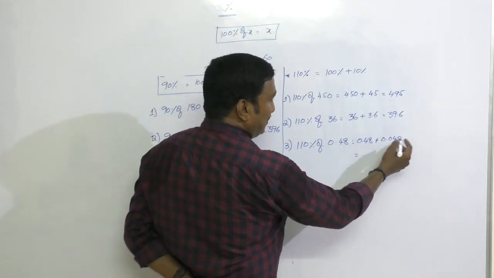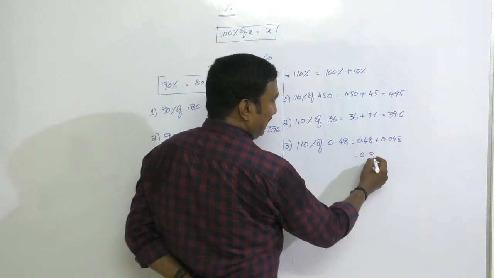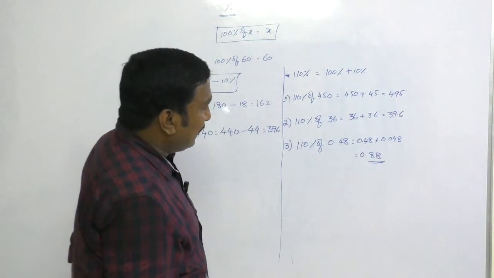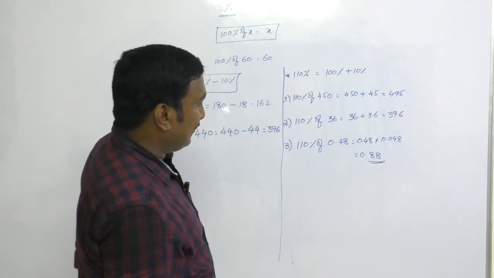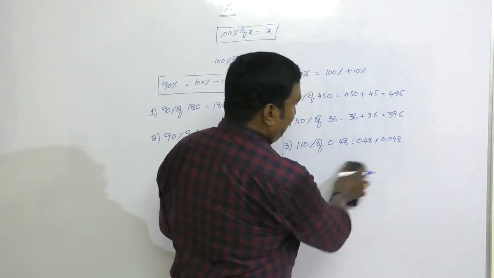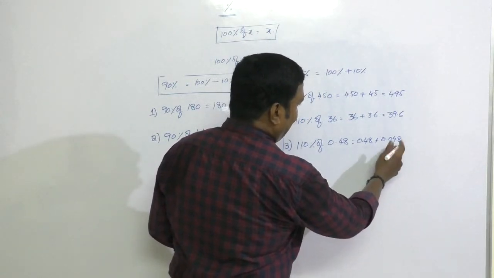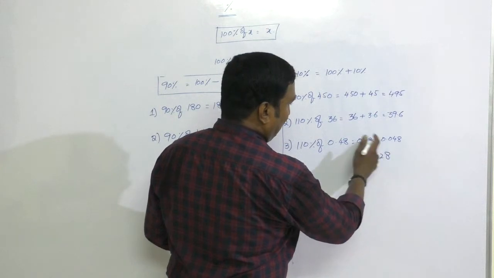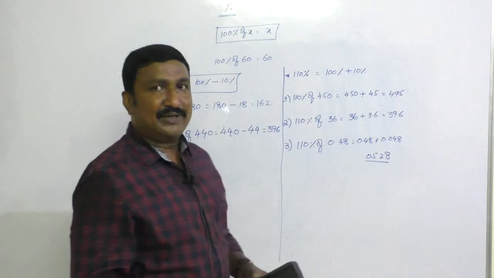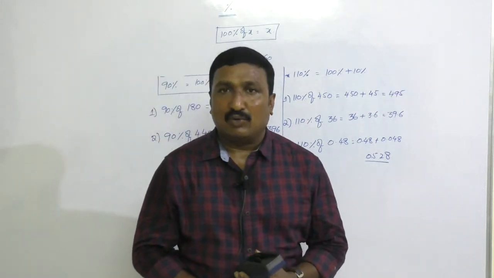So 0.48 plus 0.048 is 0.528. Right friends, like that we can calculate up to 110%.